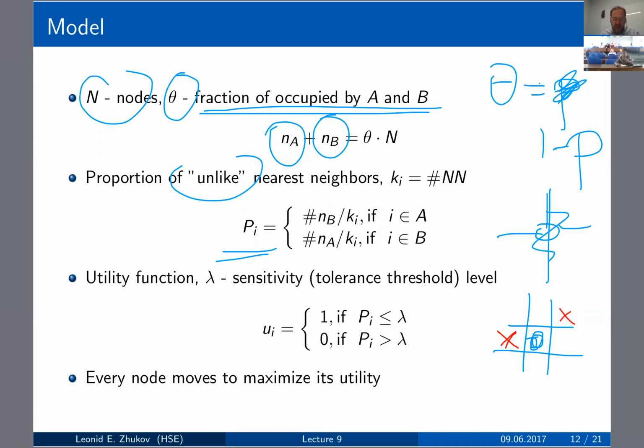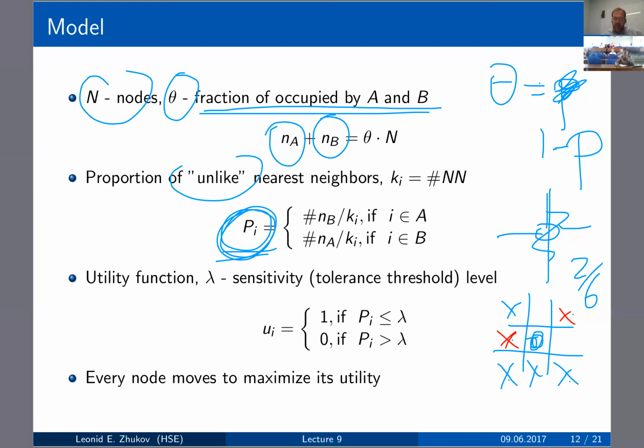So if this guy is a blue guy, there are 2 red around him, and let's say there are 4 blue, but this PI counts the number of people not like him, right? So in this case, two of them are red, and overall there are 1, 2, 3, 4, 5, 6 neighbors. So PI in this case is going to be 2/6.